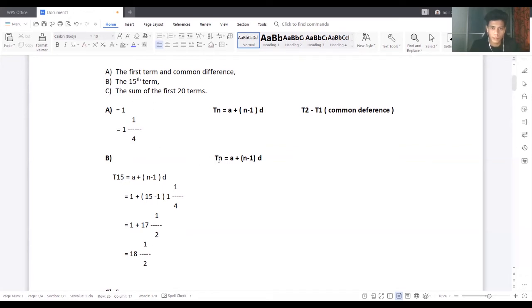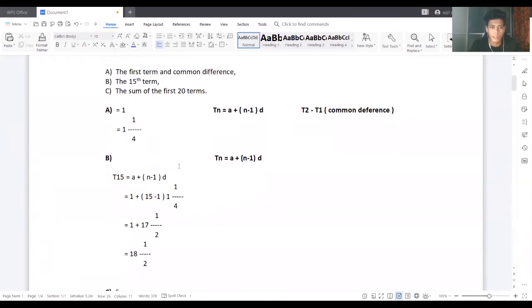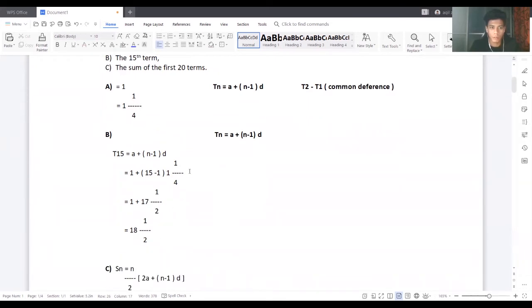So Tn, we replace with 15, and then we apply the formula and simplify it. 1 plus bracket 15 minus 1, close the bracket, and then we use the previous answer, which is 1/4, and we simplify this to 1 plus 17 1/2, and then the answer will be 18 1/2.